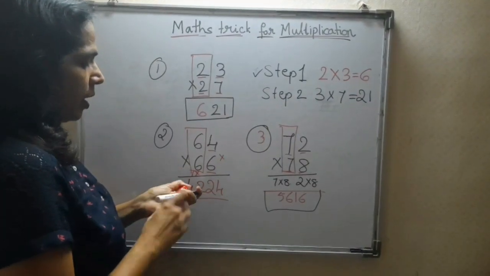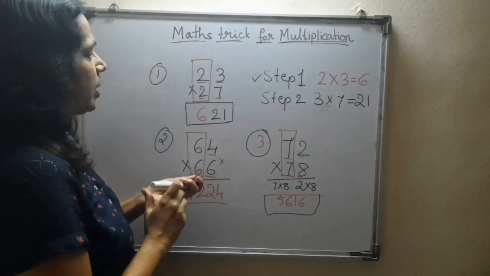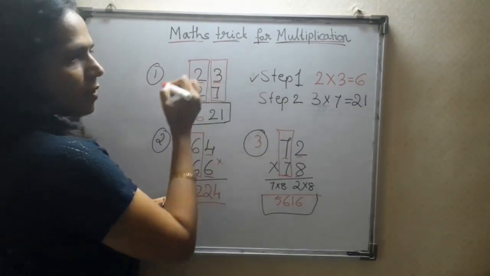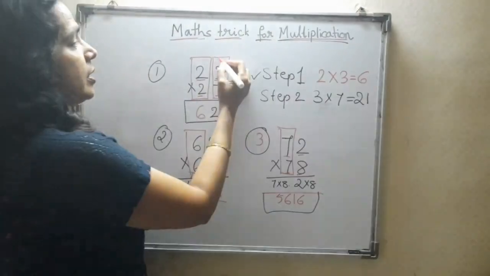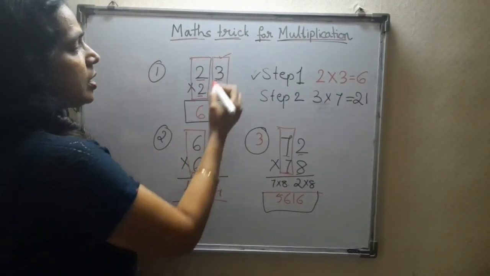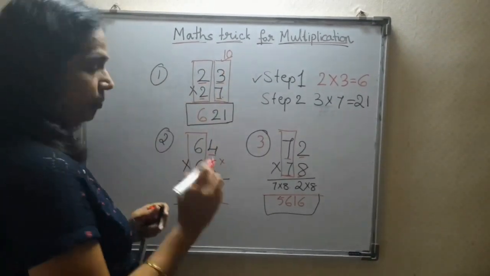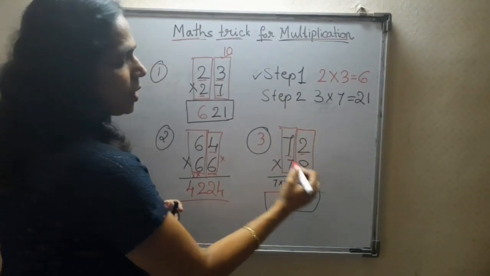The second condition for this trick is you should see the units place. The units place you can see 3 and 7. What is the total of 3 and 7? It is 10. The second condition is the total of the units place should be 10. 3 plus 7 is 10. 4 plus 6 is 10. In this example, 8 plus 2 is 10.